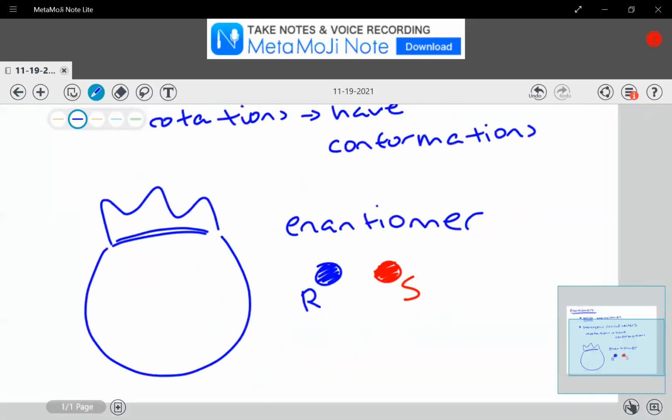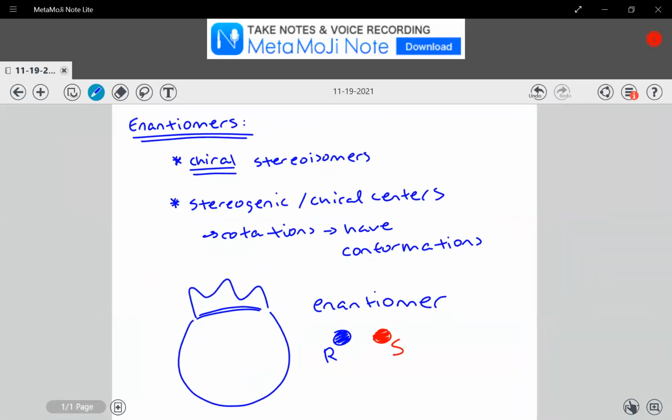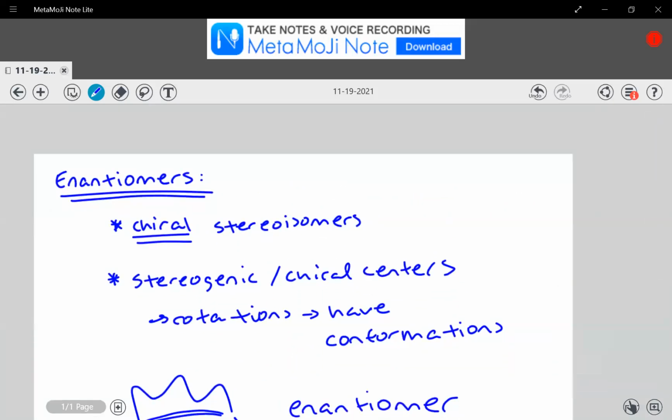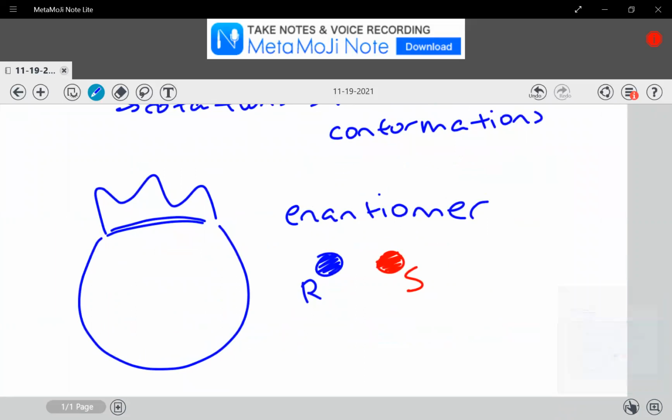Blue raspberry. Okay. Just to recap, we defined our enantiomers here: chiral stereoisomers, stereogenic chiral centers, and they have conformations, not configurations. Now, I'm talking about this new candy called enantiomer that comes in two flavors: blueberry and strawberry. So blue raspberry, that's what blueberry is. It's really cool. It tastes great.